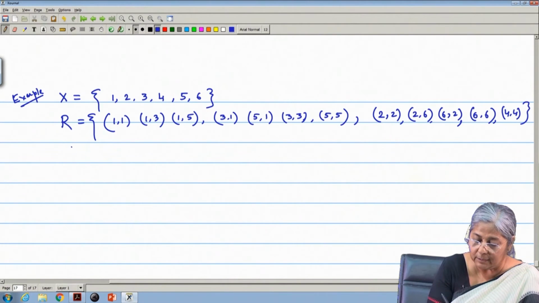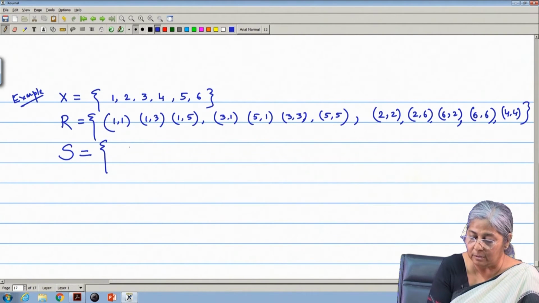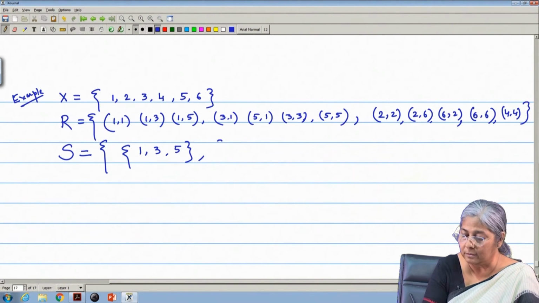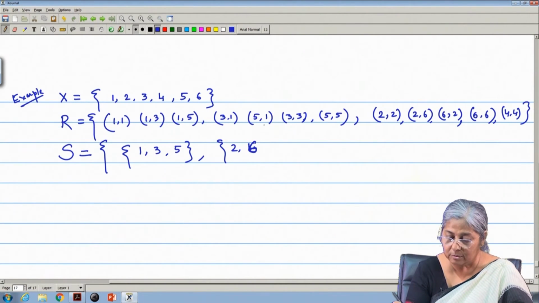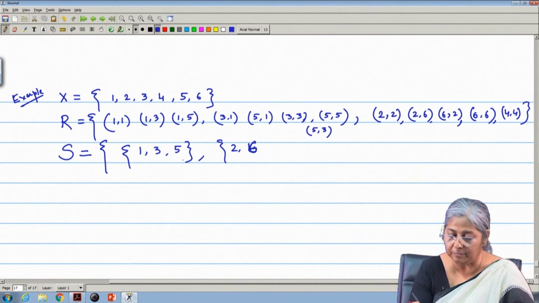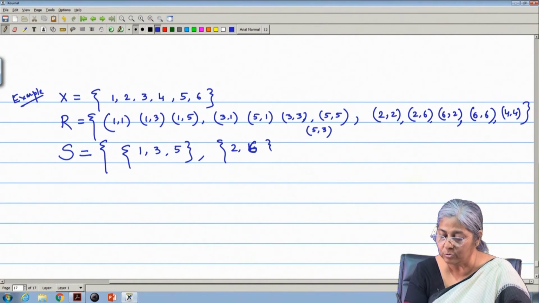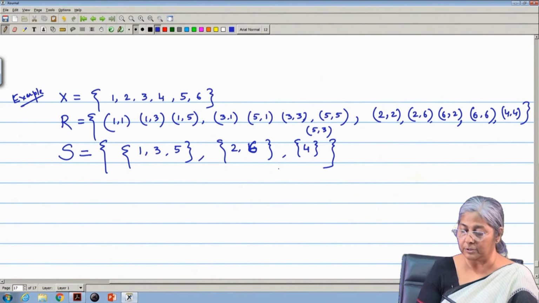Then we can tell a partition where {1, 3, 5}, then {2, 6}, and {4} I get, because (1,1), (1,3), (1,5), then (3,1), (3,5), (5,3) I should add here, and (5,5), then similarly (2,6) and (4,4). So, I can get this type of 3 partition.